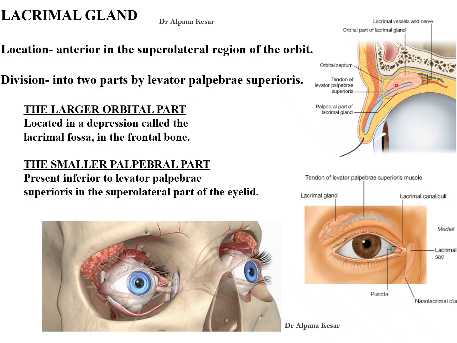The orbital part is located in a depression called the lacrimal fossa in the frontal bone. It is present in the roof of the orbit. The smaller palpebral part, as the name itself suggests, is located in the eyelid. It is present inferior to levator palpebrae superioris.